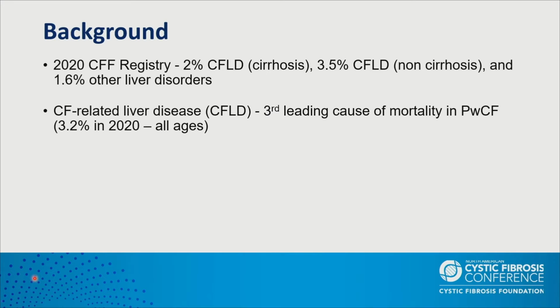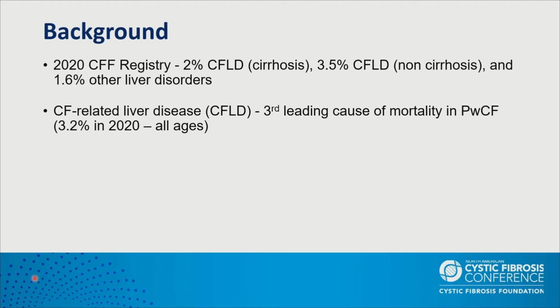And so as Zach alluded, the prevalence of CF liver disease has a wide variation reported in studies, anywhere between 2% and up to 30%. And if you just take hepatic involvement, including hepatic steatosis or elevated liver enzymes, it is even higher.